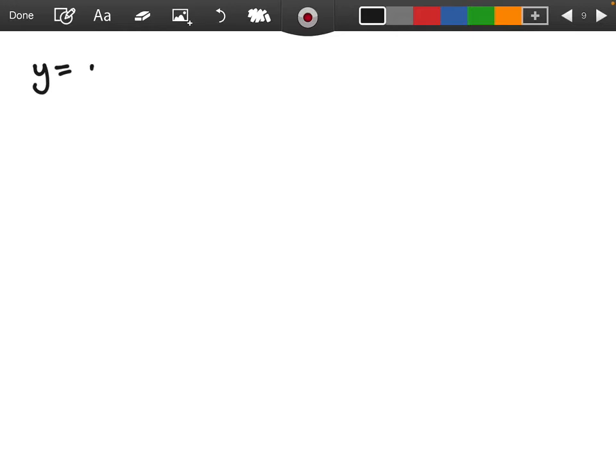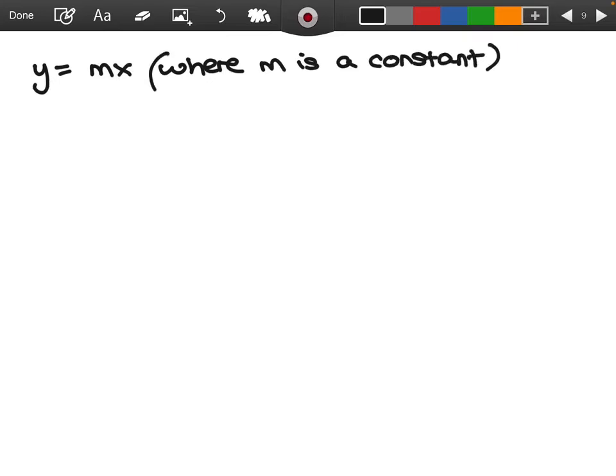How about y is equal to mx, where m is a constant? Okay. We looked at this very quickly before, where we did y is equal to negative 2x, and we said it went through the origin. So this line will always go through the origin.